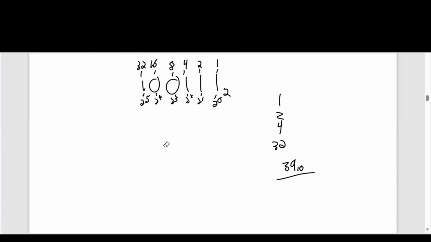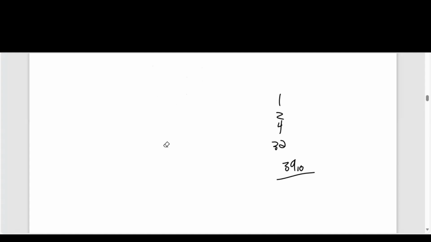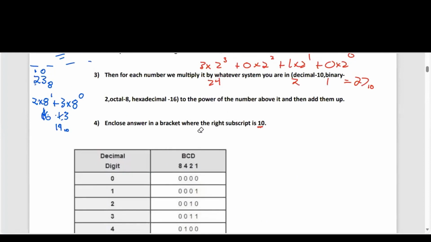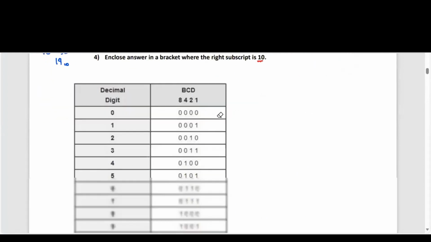Same thing for octal and the rest of them, everything has powers to them. For octal it would just be 8 to the power 0, 8 to the power 1, 8 to the power 2. Same thing with 16 to the power, the same idea, because everything goes back to this.